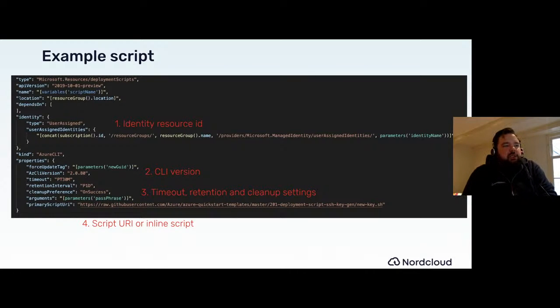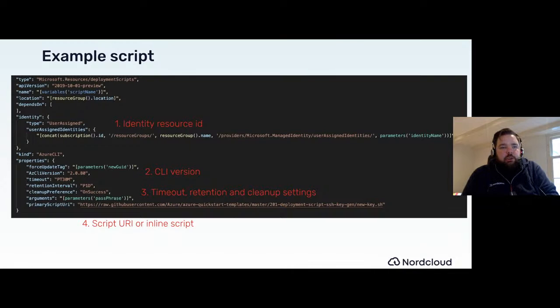Retention is dependent on the next one, the cleanup preference. If you have on success, it will clean up all resources from your Azure subscription whenever the whole run was successful. And the retention interval tells you how long it will wait until it cleans it up. In this case, it's 1 day.